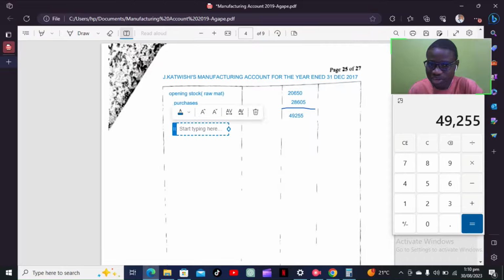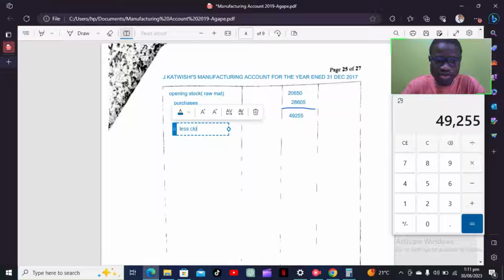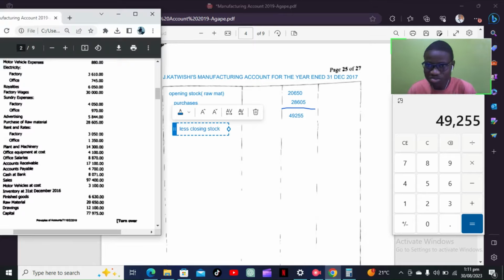Here it's simply more like you're calculating the trading, but the things that you're entering here are simply raw materials. From the total stock available, we say less closing stock. And which stock are we talking about? Again, we're simply talking about raw materials, not finished goods, I repeat, not finished goods, not work in progress, but raw materials.